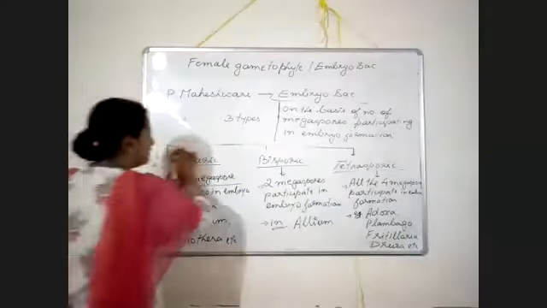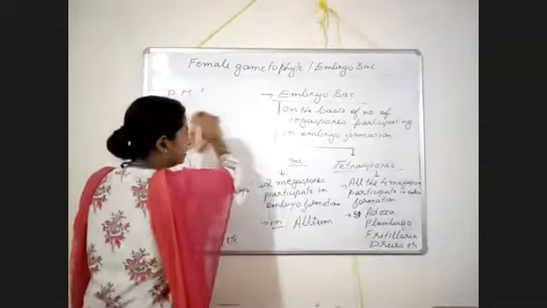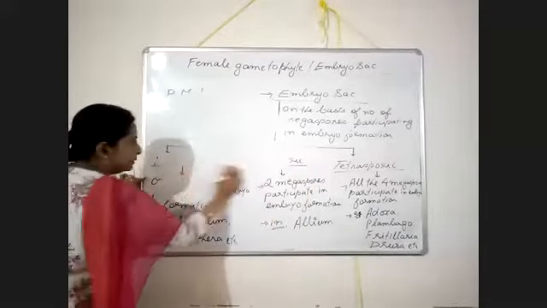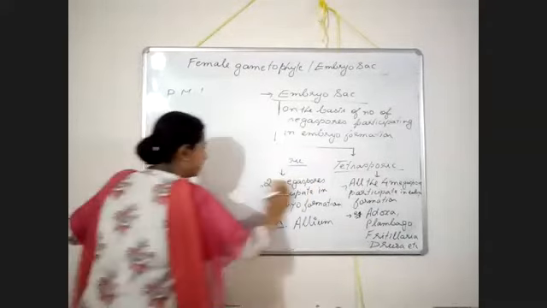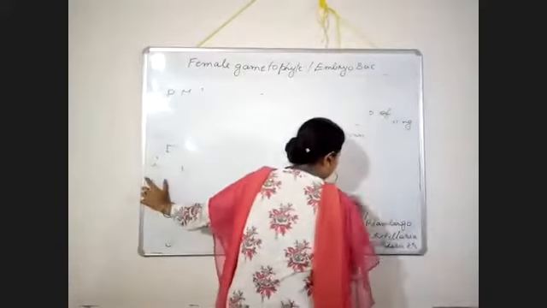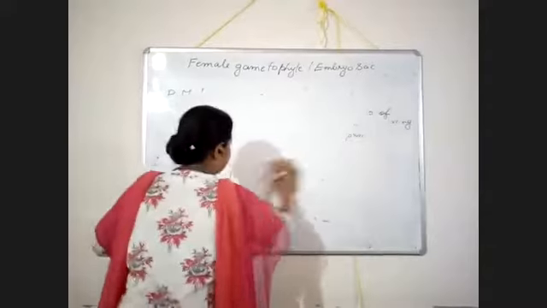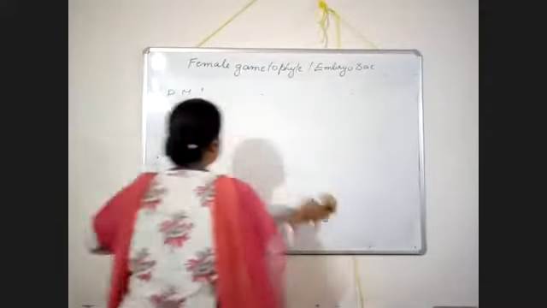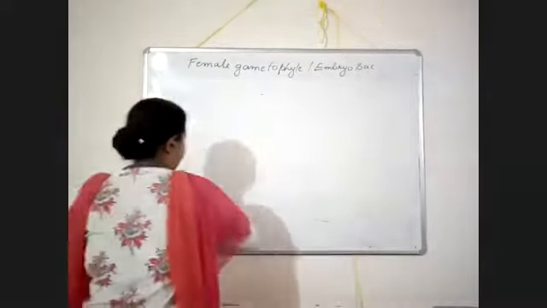On the basis of the number of megaspores taking part in embryo formation, the embryo sac could be monosporic, bisporic, or tetrasporic.